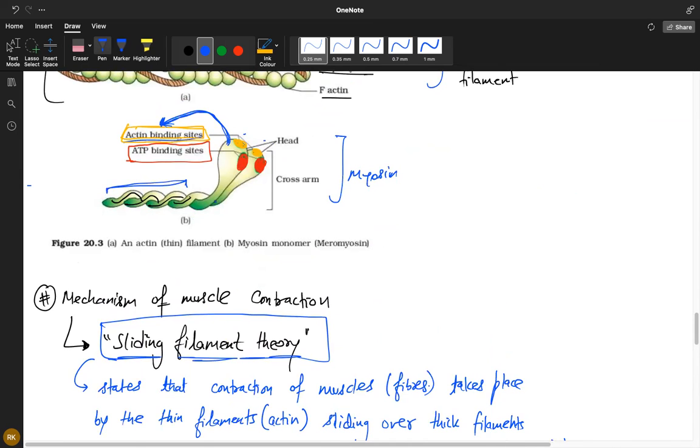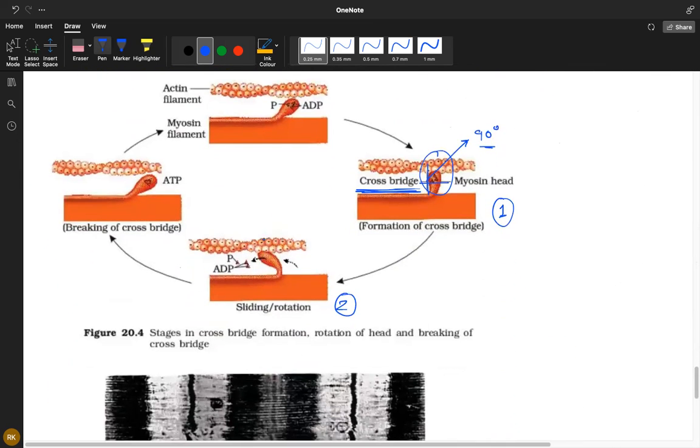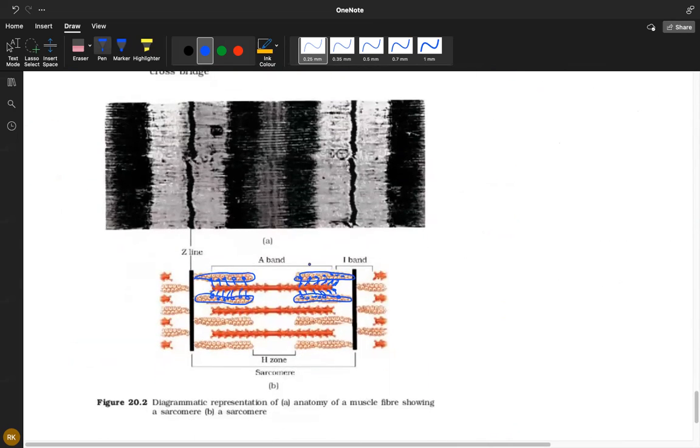Because of this rotation, the actin filament on the top will slide in this direction, and this actin will slide in the opposite direction, because the orientation of binding is opposite. So this A band will get shortened, because actin comes into the A band, slides over myosin, and narrows down the A band. Is that clear, everyone?